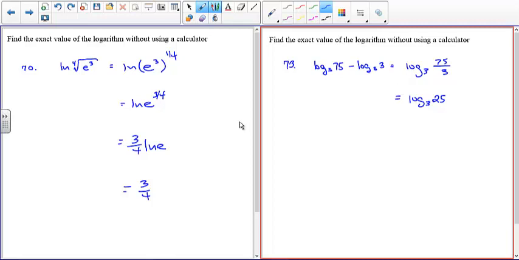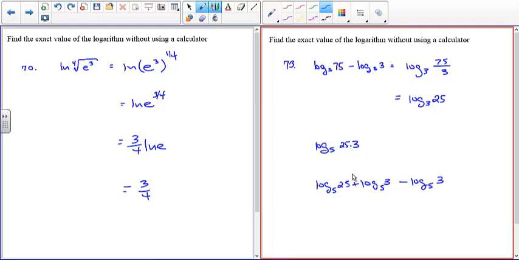Yeah, so let me think about this. Now this is another way of thinking. This is going to be 25 times 3, 75. So you could say that's the log to the base 5 of 25 plus log to the base 5 of 3 minus log to the base 5 of 3.